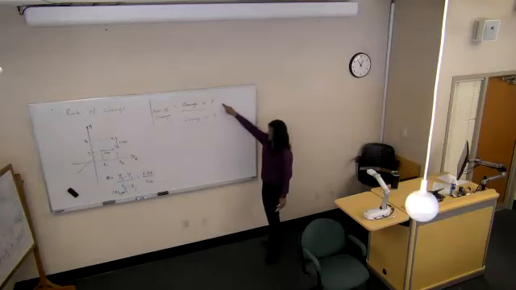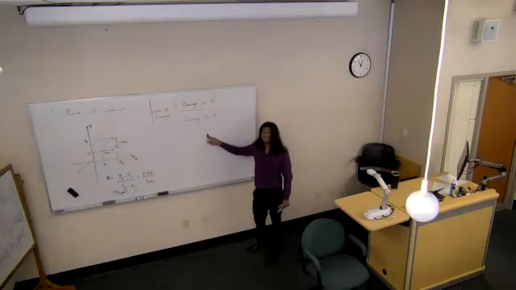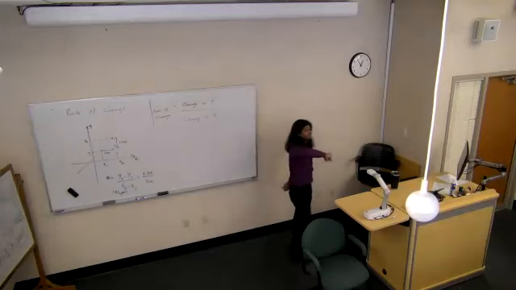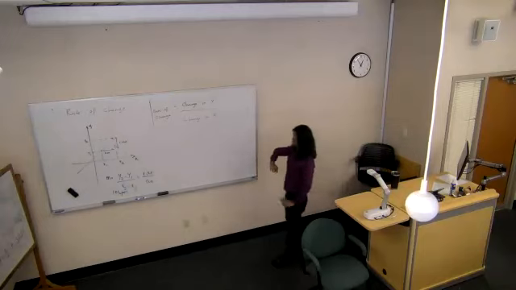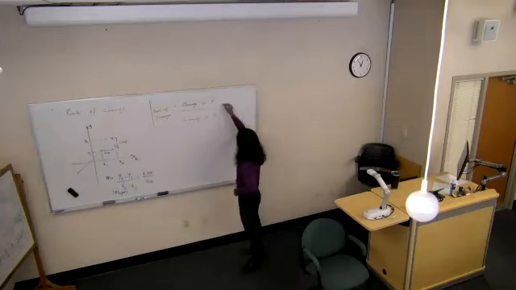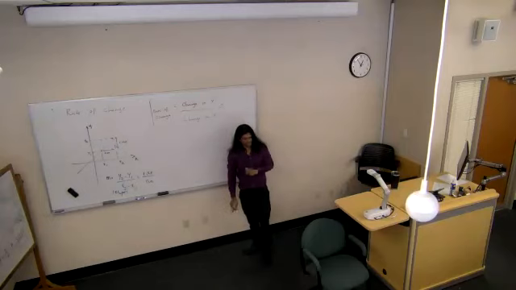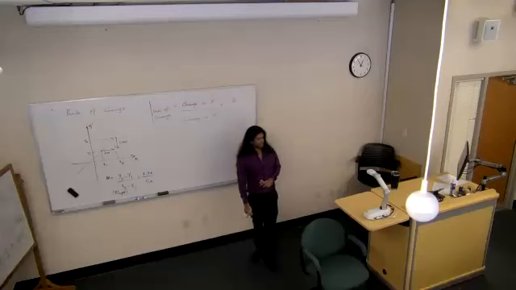Okay, change in y over change in x is still a bit too complicated. In terms of writing, mathematicians and statisticians like to be effective. I don't want to waste time writing stuff. So to denote change, we use delta.